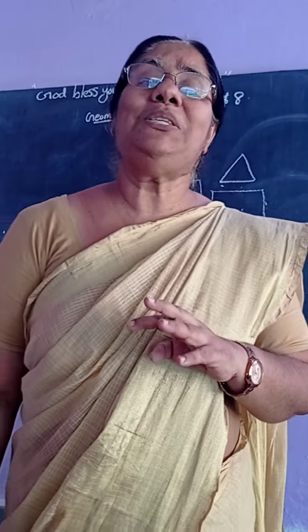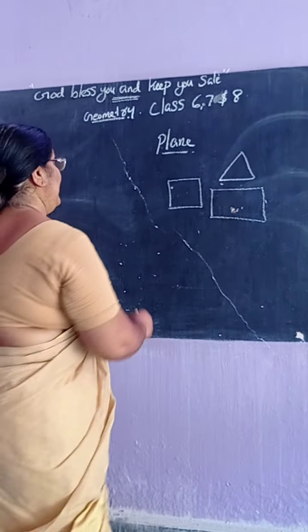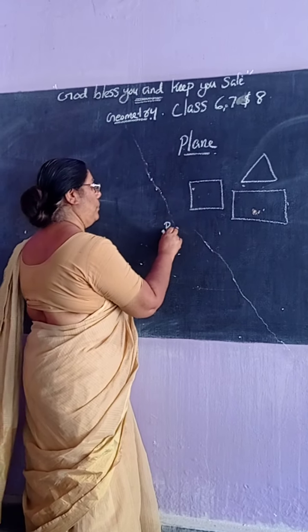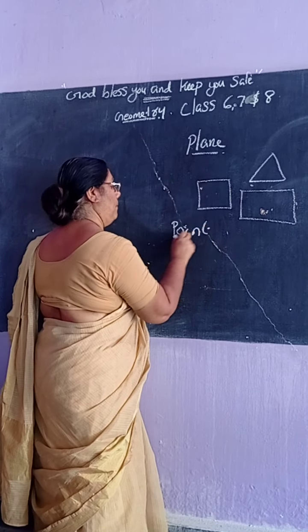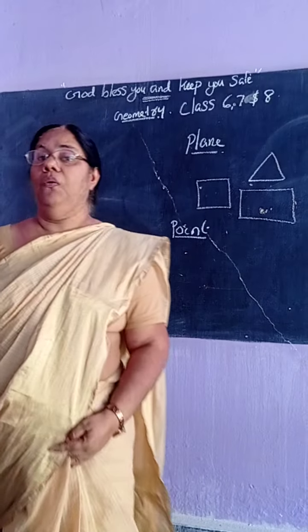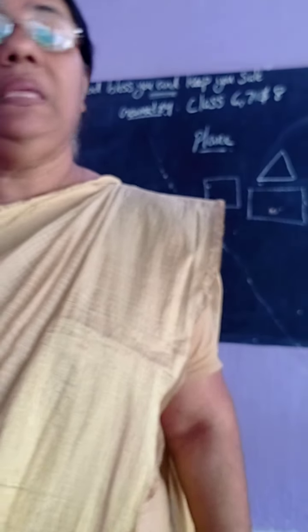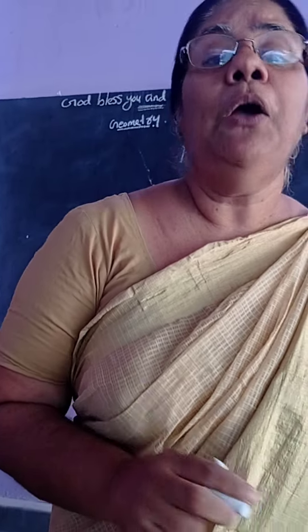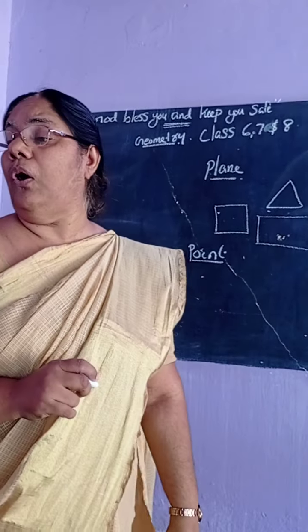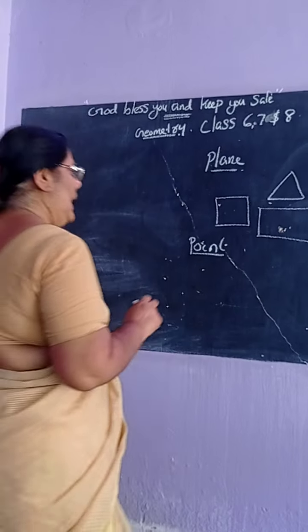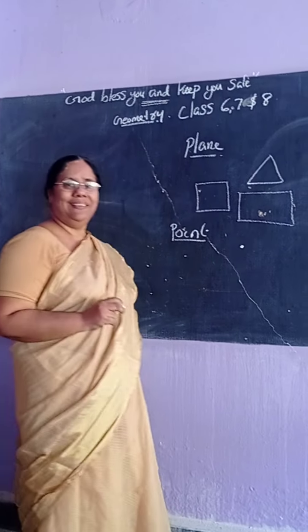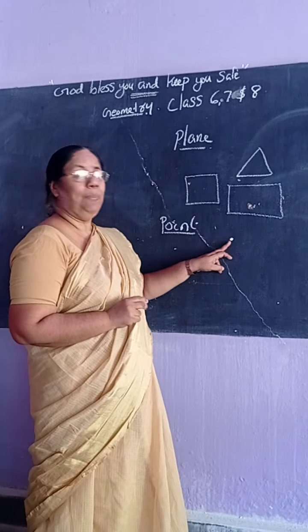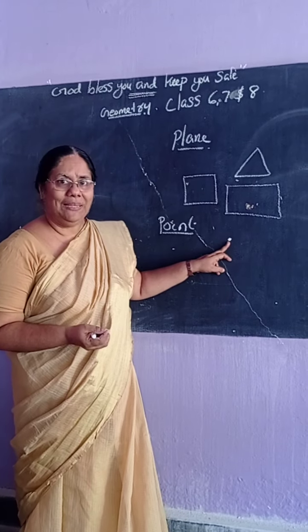Then the next one is a point. What's a point? A point is a mark of position. A small dot. This represents a point. Look at the board.